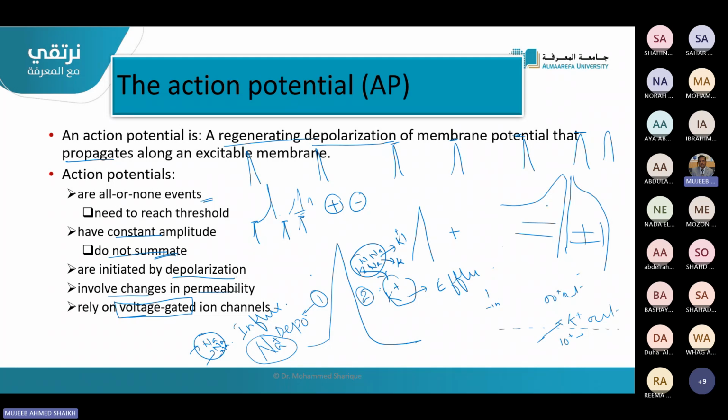Once it opens, the cars come out. But once it closes, it takes time to close slowly, so by that time more people will go out. So 100 sodium moves in, 100 potassium goes out, but here more potassium will go out because it takes a long time for closure of potassium channels.